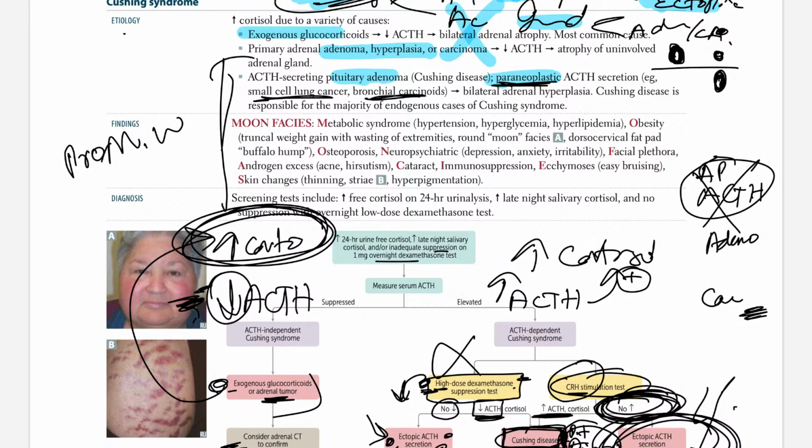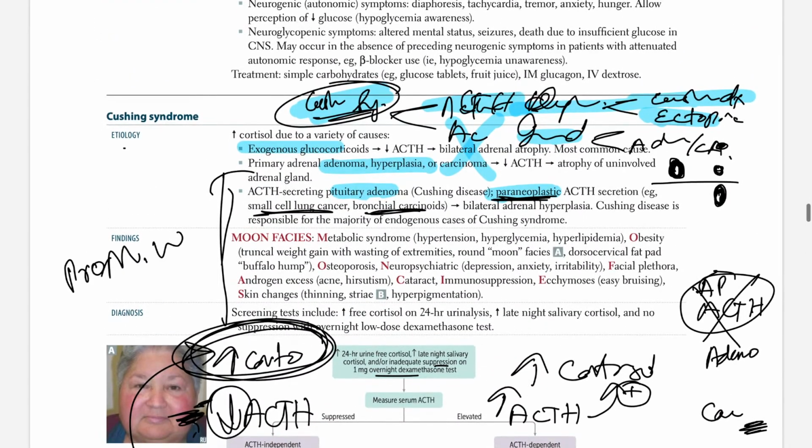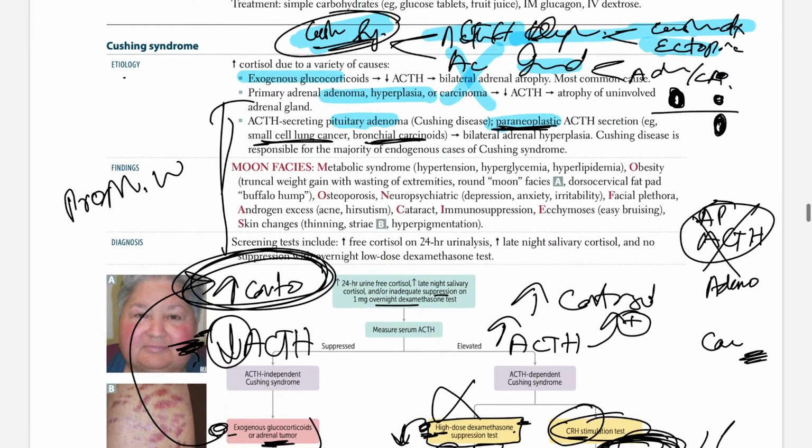Okay, welcome back, guys. So I have a question here. Facial plethora. Let me write it here. So again, here's a simple thing. Facial plethora is due to the fact that you're increasing the alpha 1 receptors, causing hypertension.